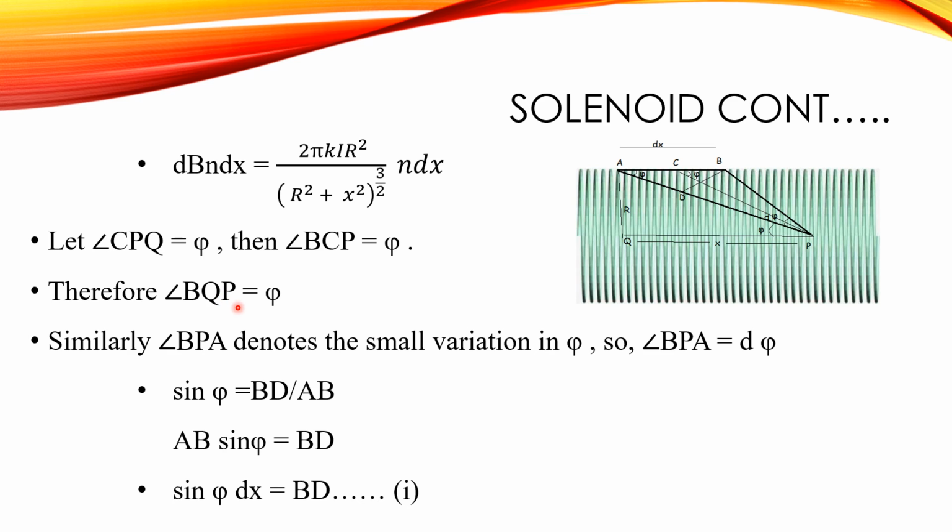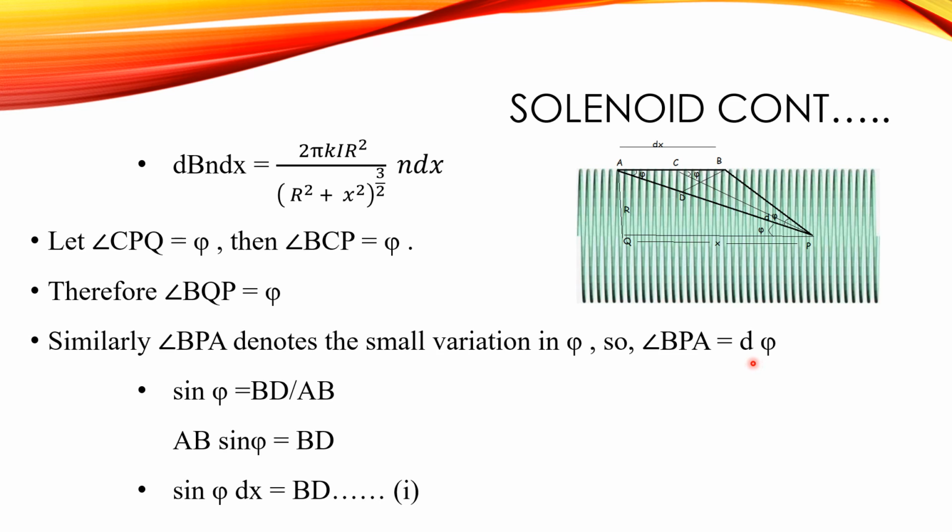Okay, BQP. Similarly, BPA denotes the small variation in phi. It will also be near about phi. So for BPA we have taken d phi.